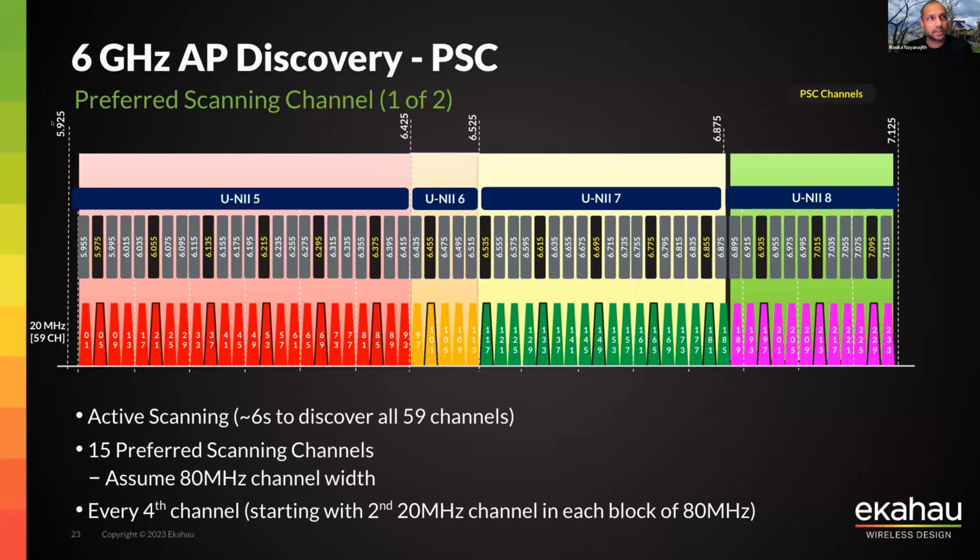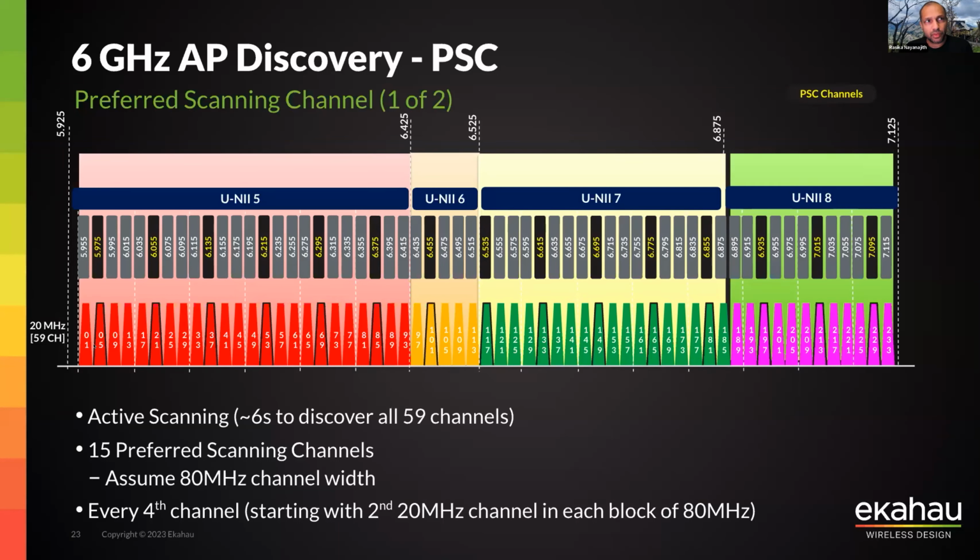If you remember, 5 gigahertz finishes not exactly at 5925, but at 5895, so there is a gap of 30 megahertz. If we started with the first channel as the preferred scanning channel, we could potentially interfere with the last channel of the 5 gigahertz. That's why they shifted it by 20 megahertz, so there is no impact on 5 gigahertz. So we shifted the preferred scanning channel to the second channel.